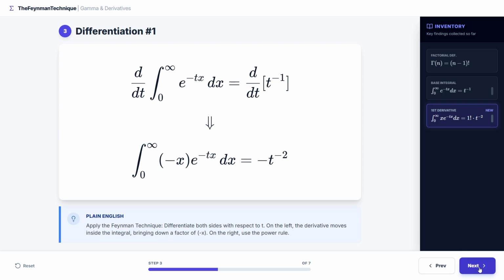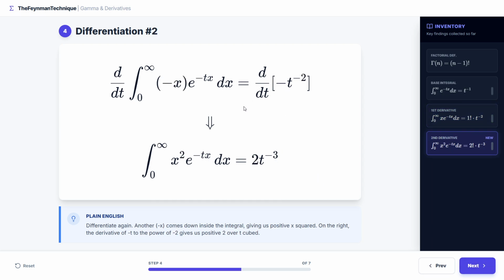All right. And then we can do it again. If we differentiate again, you'll see we'll get rid of the negative signs. Both will cancel. We'll get another power of x on this side due to differentiating e to the negative tx with respect to t, and this will be what we get on the right hand side.